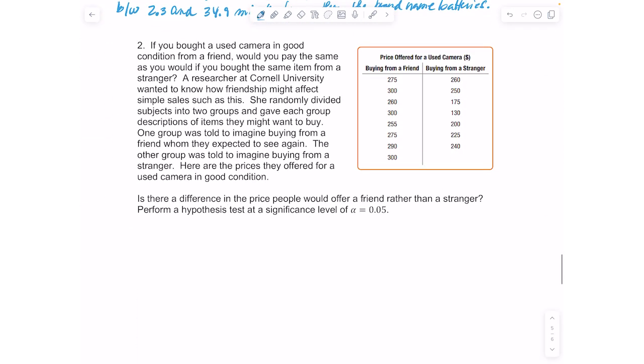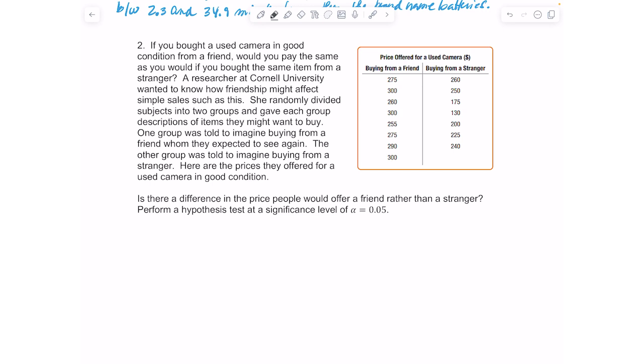Okay. Second question. If you bought a used camera in good condition from a friend, would you pay the same as you would if you bought the same item from a stranger? A researcher at Cornell University wanted to know how friendship might affect simple sales such as this. She randomly divided subjects into two groups and gave each group descriptions of items they might want to buy.